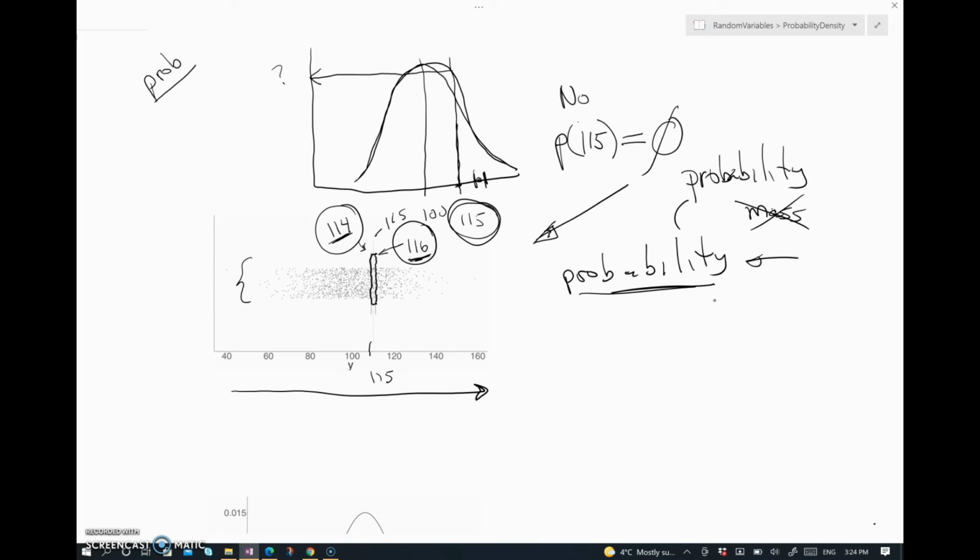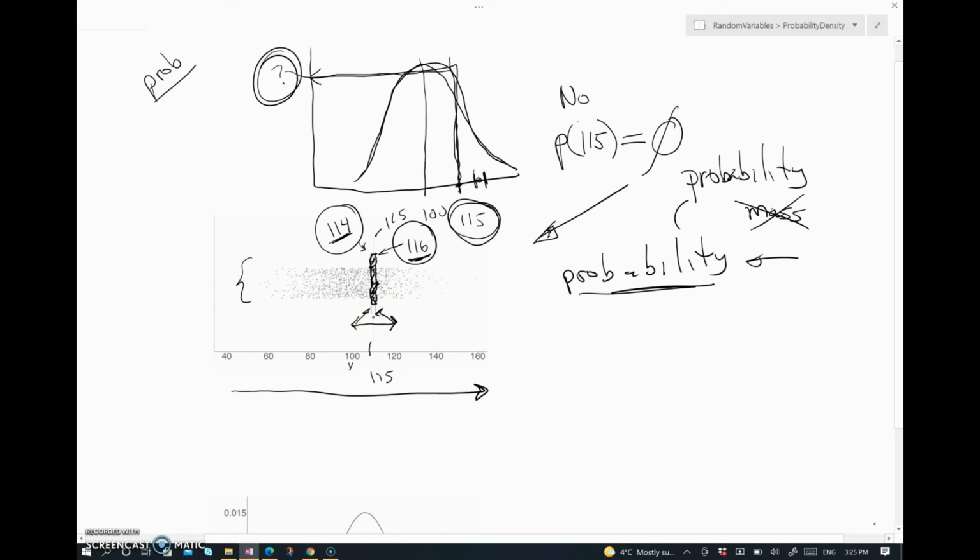But now we've got to think about our continuous variable. How are we going to get this value out here that's associated with 115? Well, we're going to think about all the points inside this rectangle, take the count of points inside that rectangle, and divide it by the distance between 114 and 116.